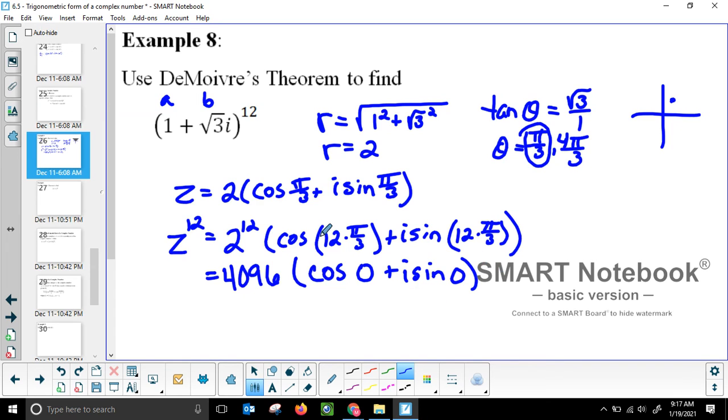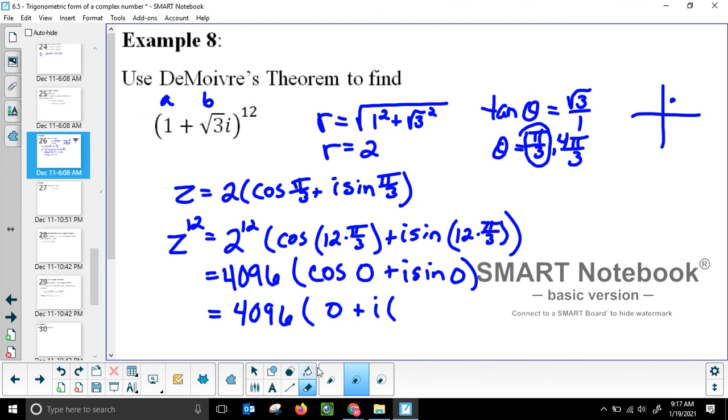Now, do be mindful here that it was given to us in standard form. We just turned it into trigonometric form to make this math much easier. But since it was given to us in standard form, we want to answer in standard form. The cosine of 0 is, sorry, that was backwards.